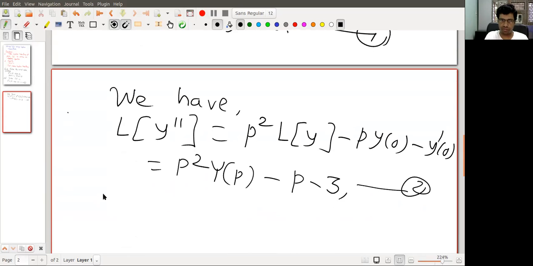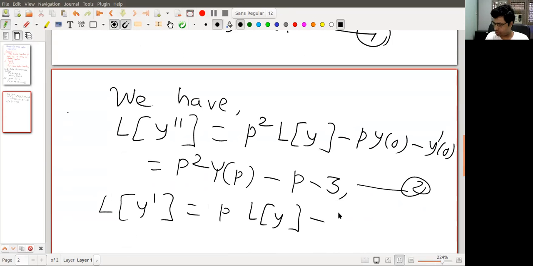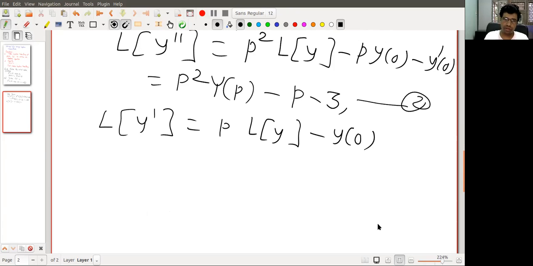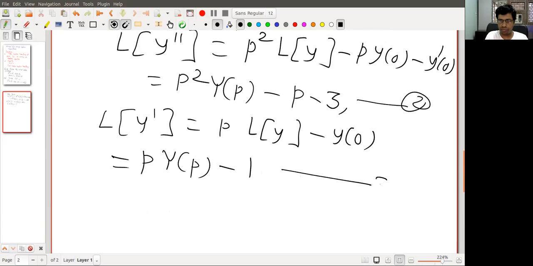Then we also have L of y dash. It is given by p into L of y minus y of 0, that is equal to p into Y of p minus y of 0. Y of 0 is 1. So this is number 3.